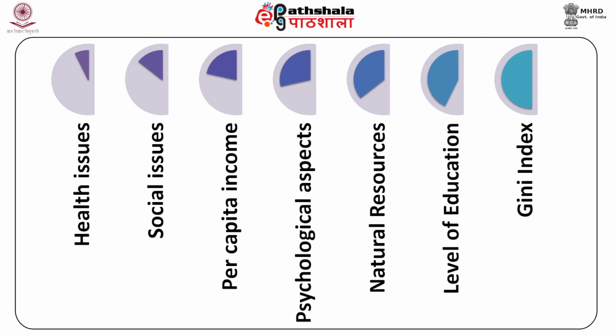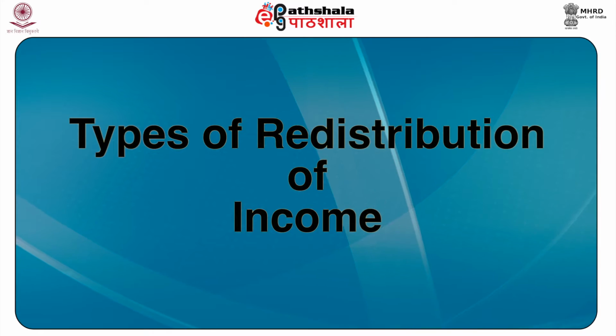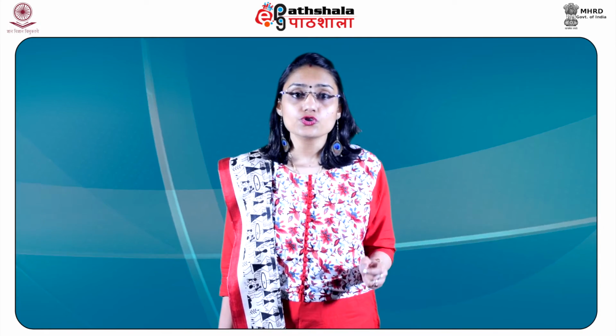It's easier to have comparisons of incomes of different individuals of a region, taking into consideration the effect of taxation. The next topic is types of redistribution of income. The redistribution of income is mainly due to different project generated employment opportunities.